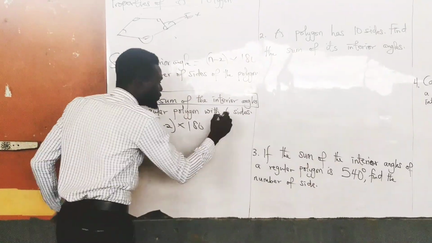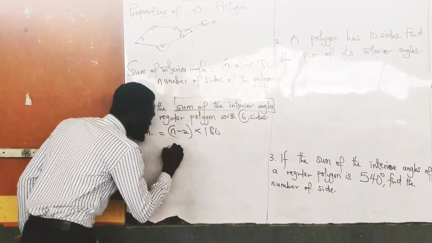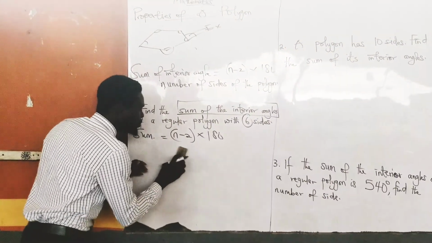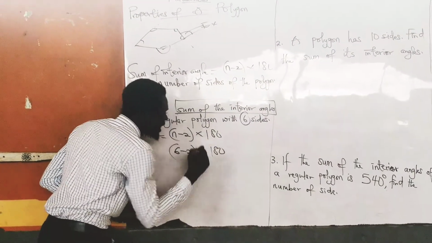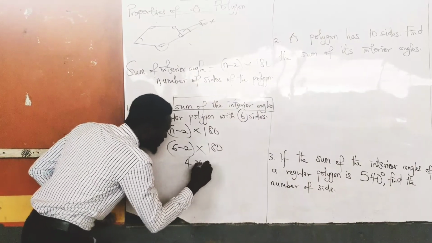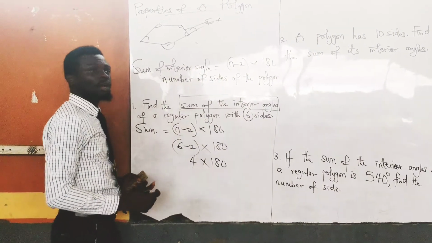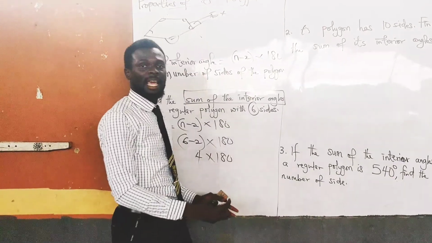So what is the value for n? 6. So what do we do? Substitute. You have n, which is now 6, minus 2, times 180. If you subtract 2 from 6, you have 4 times 180. So multiply 4 times 180.